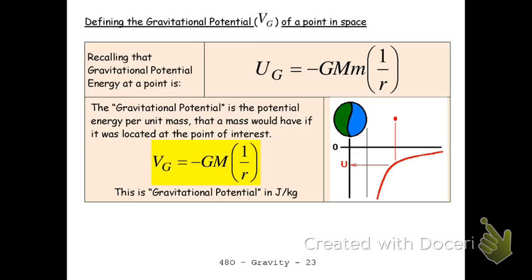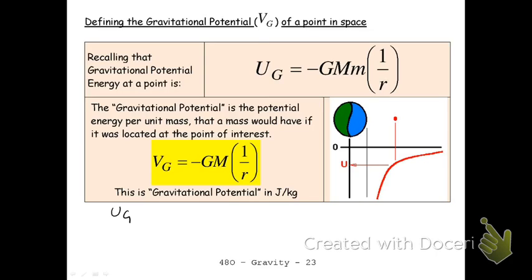So let's do this next bit, which is basically gravitational potential. What we're saying with gravitational potential is I don't want gravitational potential energy because it depends upon both masses. I'd like to get the gravitational potential of a point, and then I can put the mass I want there. So like I had electric field was of the point, and force was of the two masses.